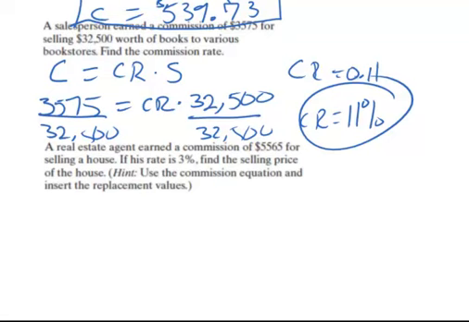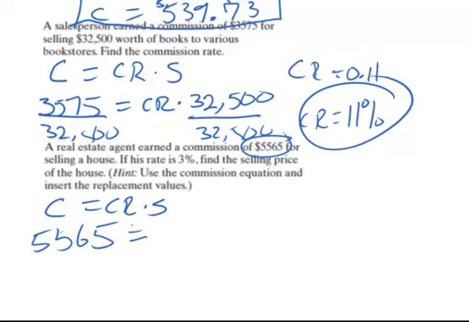All right. So the last problem that I have here in 5.7 says a real estate agent earned a commission of $5,565 for selling a house. If his rate is 3%, find the selling price of the house. Okay, so again, we'll do the same thing. Commission equals commission rate times the sales. The realtor received $5,565.